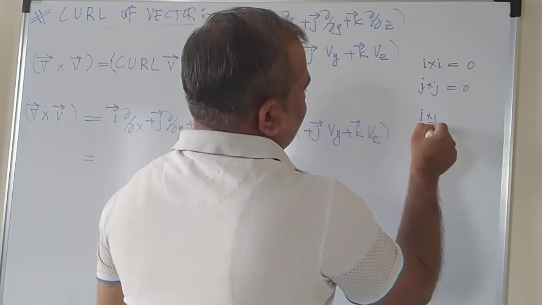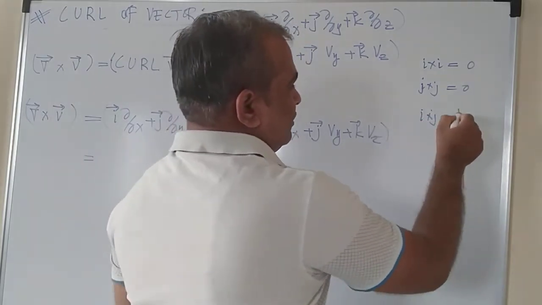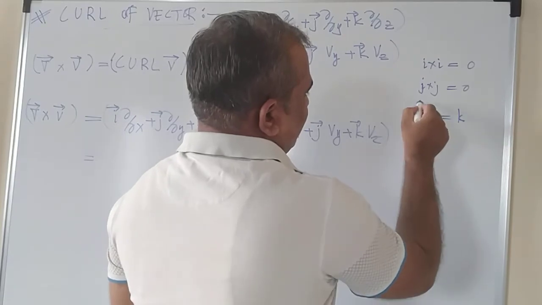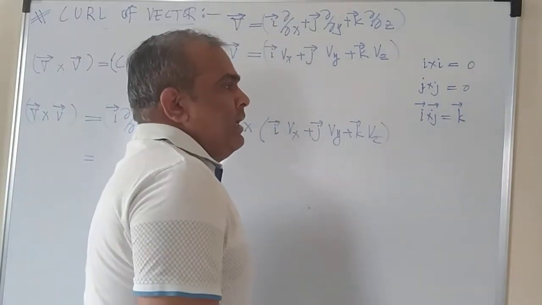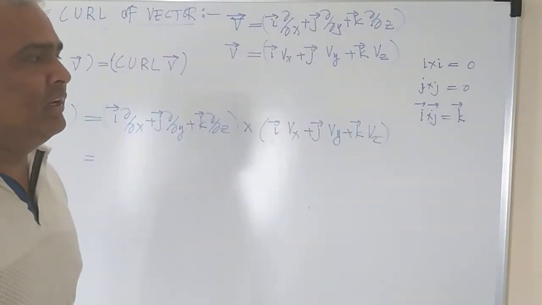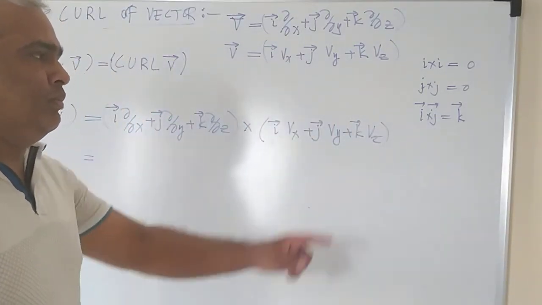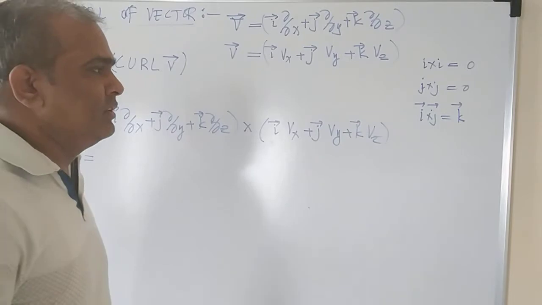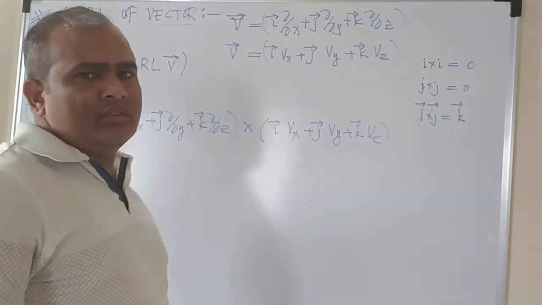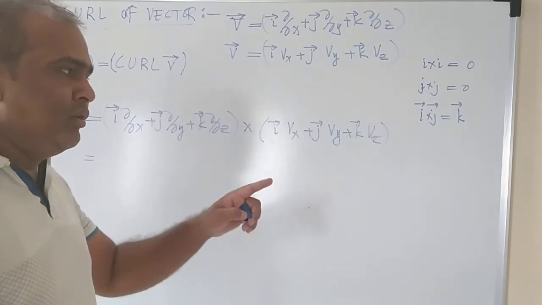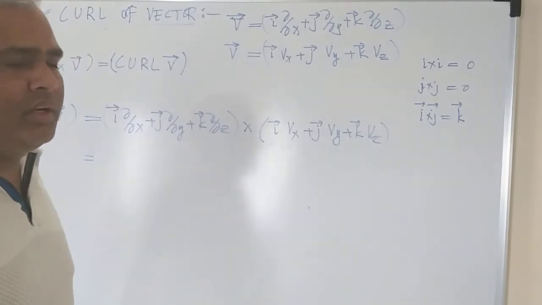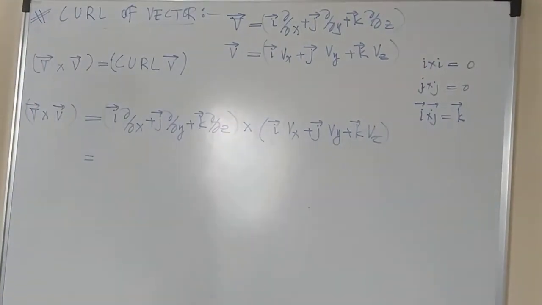And i cross j is equal to k. Of course, these are all vectors, so you should write the bars. This we have already studied in the earlier chapter, so I hope you are remembering all these things and I need not write it. You can go in a cyclic way, then you will get the next vector as positive. If you go in an anti-clockwise direction, then you will get a negative vector, right?